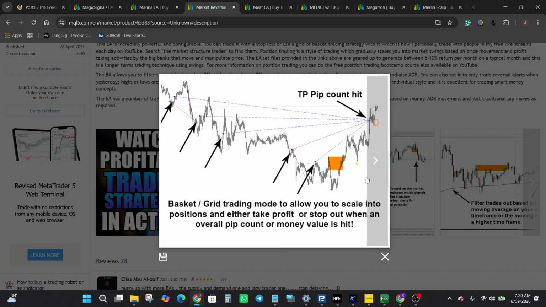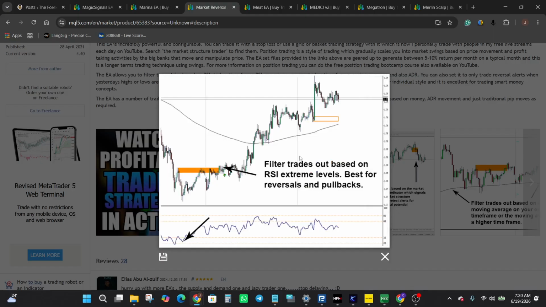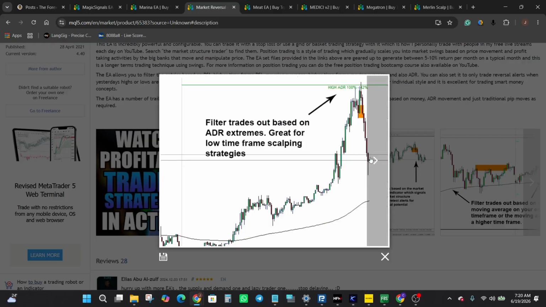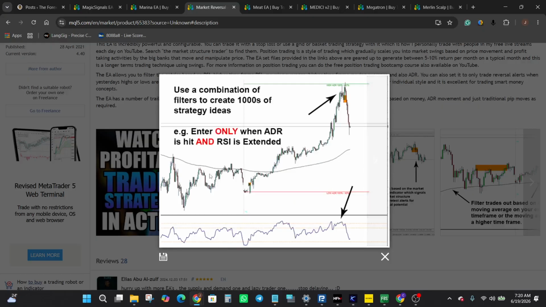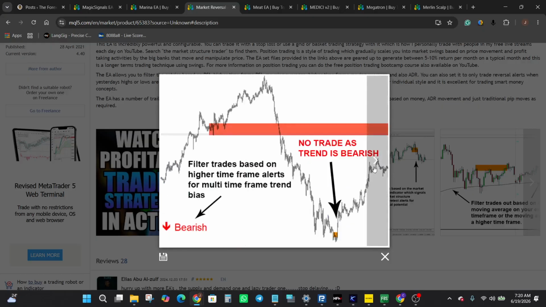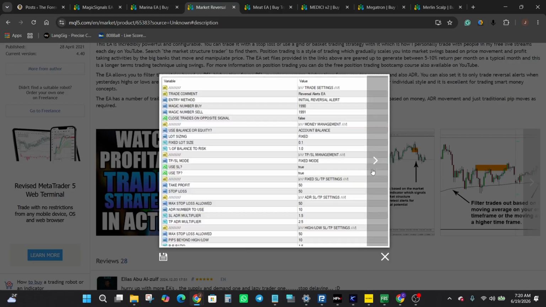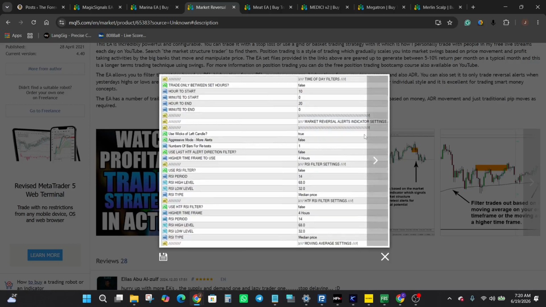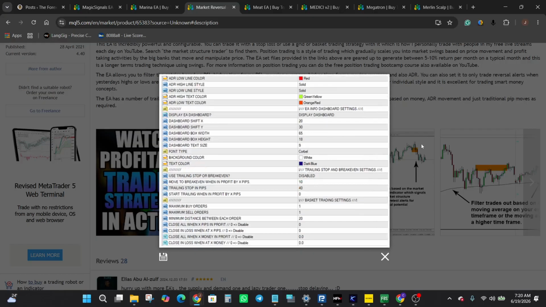These are just annotations showing how the EA functions. And then here we have the input settings of the EA.